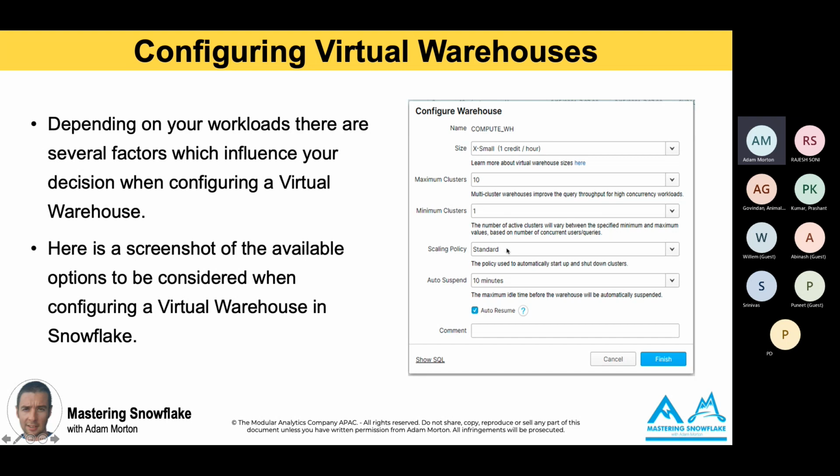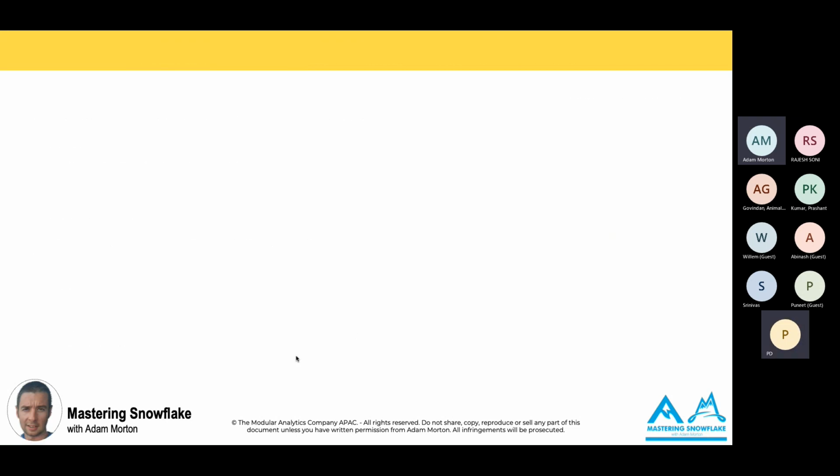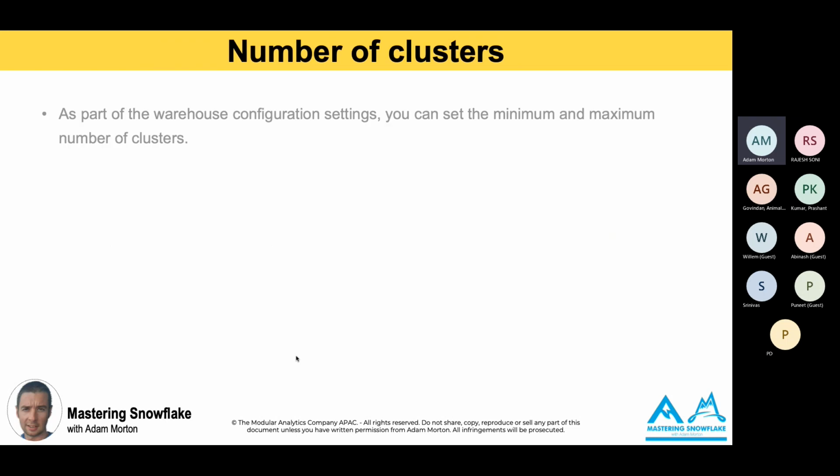You've also got a scaling policy, which tells Snowflake how to start up and shut down clusters behind the scenes. And there's the auto suspend I touched on before, where if your virtual warehouse is idle for a period of time and no queries are executing against it, Snowflake will automatically place it into suspend mode. We'll go through these in the next couple of slides, so you've got more detail behind them.